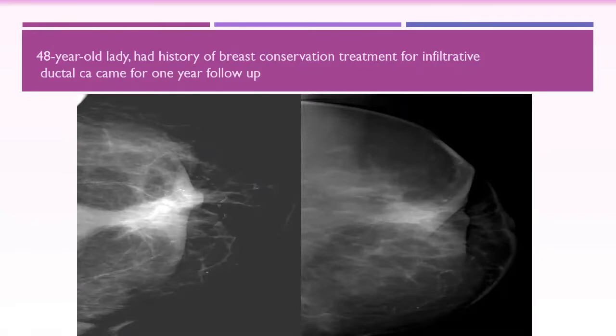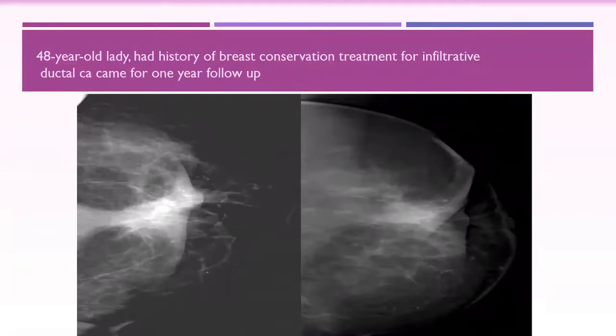So yes, the density decreased. So most probably that was post-surgical features, for example, like what occurs after surgery, edema, and so on.